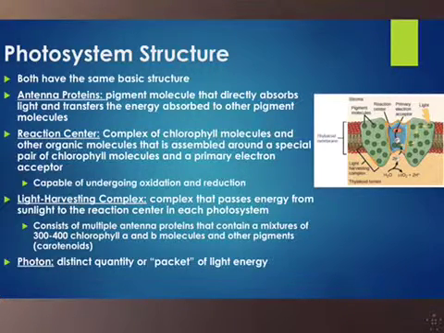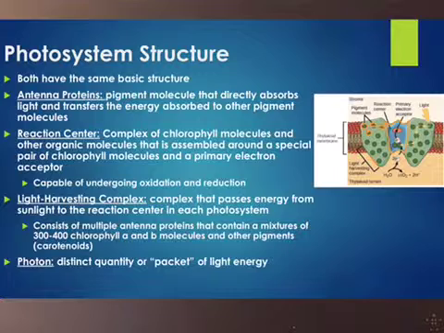Your antenna proteins are the pigment molecules, these guys, that absorb light and transfer the energy absorbed to other pigment molecules. So it kind of provides that hopscotch path for the light to follow.